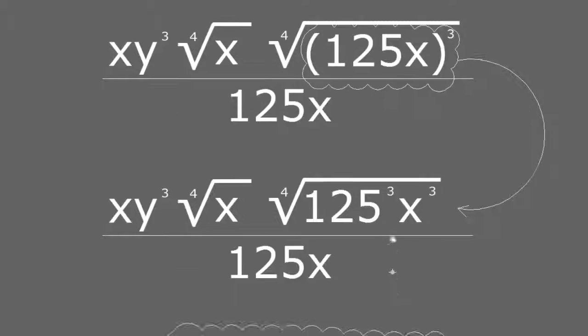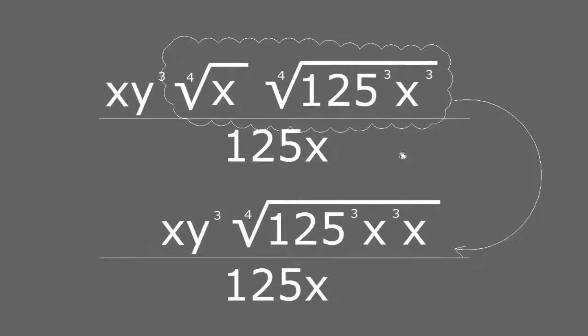Now the next thing that I do is multiply this root right here with this root right here. If you see, they are both fourth roots. So what I can do is put all of that into one big radical sign with grade 4, and now I multiply this x cubed with another x that comes from this x right here.